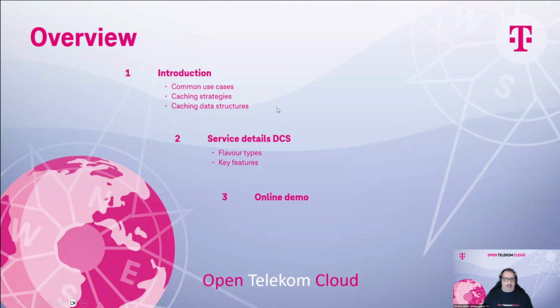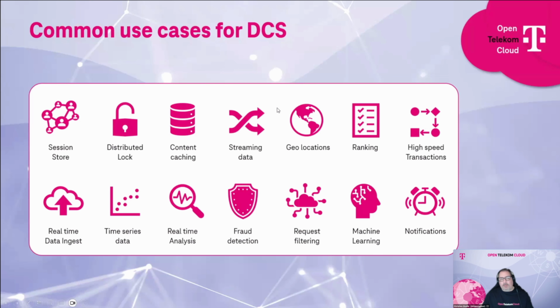Okay, good. Then let's start. What are the common use cases for DCS? This is just a list of the things which are most commonly used. Definitely, it is very common as a session store, distributed log and content caching. Those use cases we will see also later on, as well as there are a lot of advantages in this DCS solution.